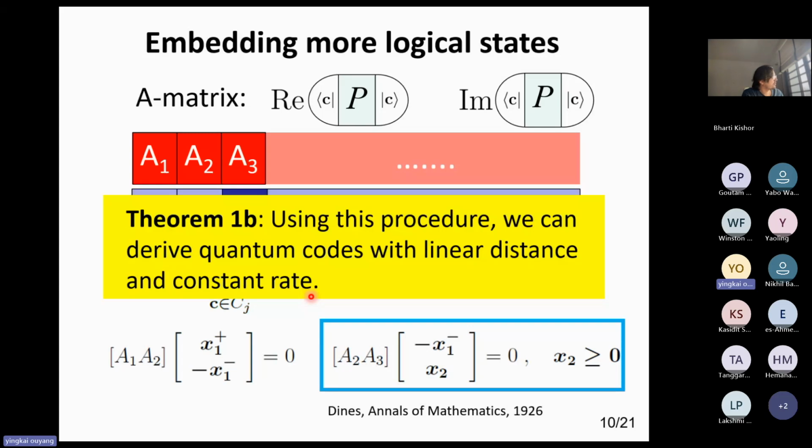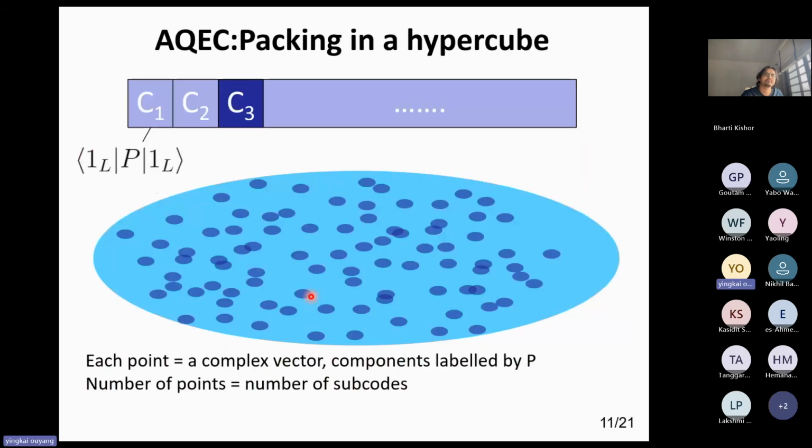You use the entire ground space of that Hamiltonian as the LDPC code. However, for us, we're only using a tiny fraction of the ground space. So it's a bit different. Of course, there could be some connections, but it's not so clear at the moment.